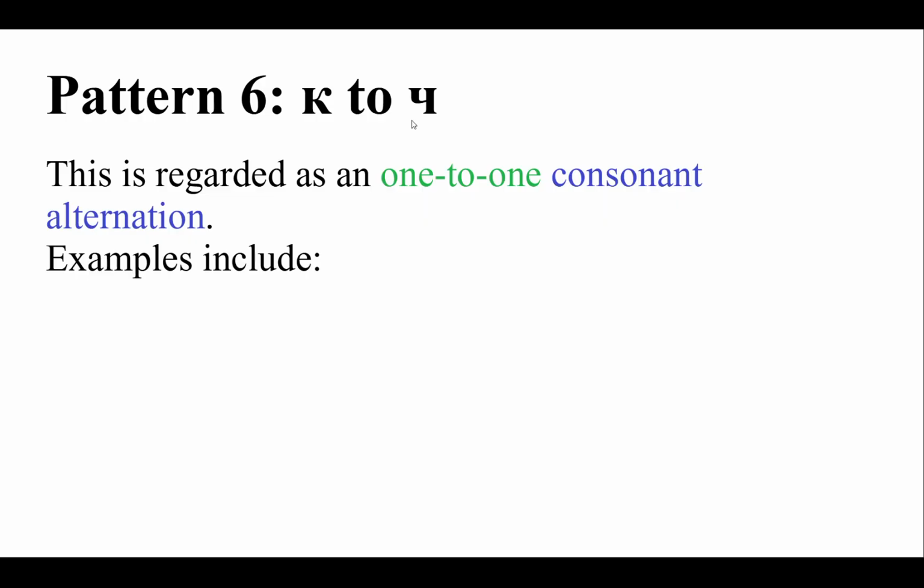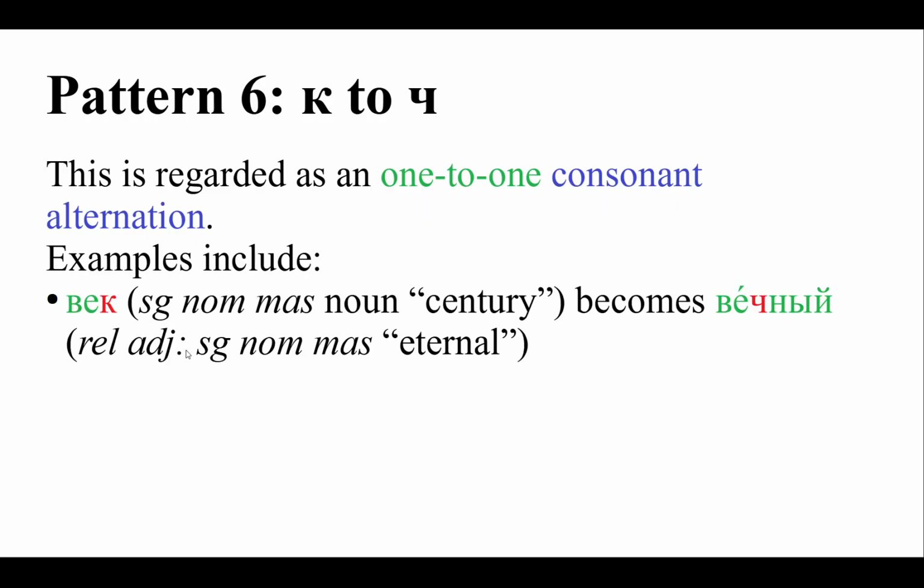Sixth, к to ч. One to one. Examples: век, meaning century, singular nominative masculine noun, and it changes to вечный for its relative adjective. A relative adjective describes something, especially a noun, or you could change it to an adverb if you wish, especially if you don't want to use the cases.